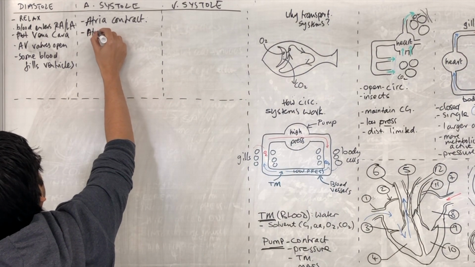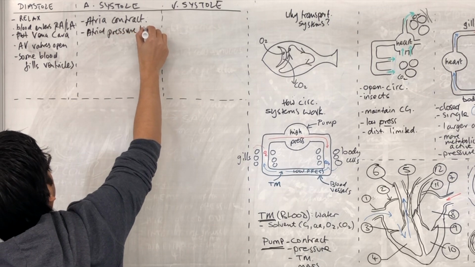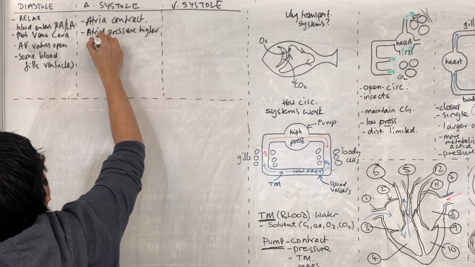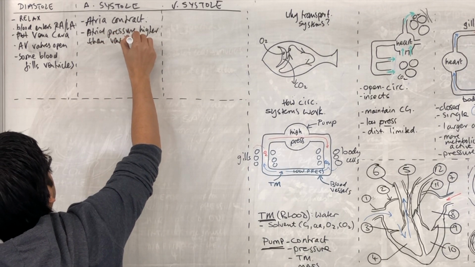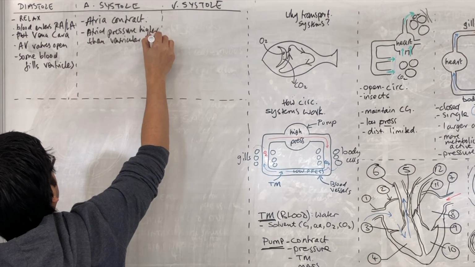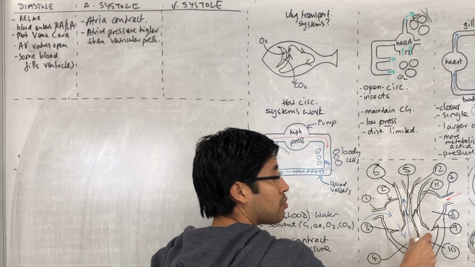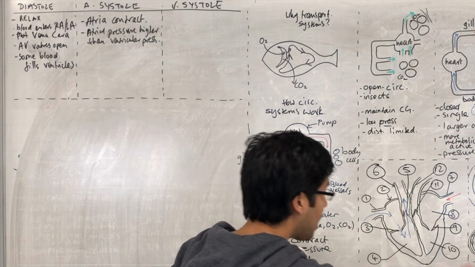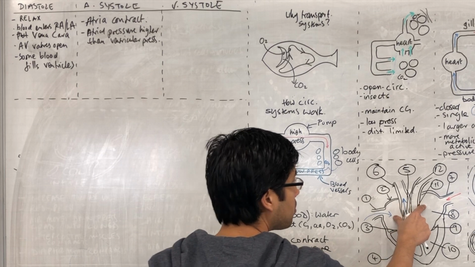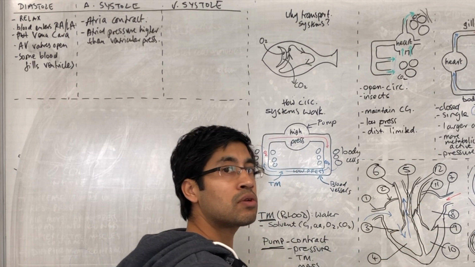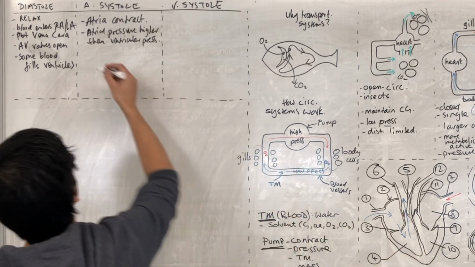The atria contract, and atrial pressure is higher than ventricular pressure. That's important. Because the atria contract, the pressure here is higher than the pressure in the ventricles. And because of that, again, we come back to the pressure gradients: the fluid is going to move from the higher pressure to the lower pressure, so the fluid moves from atria to ventricles.